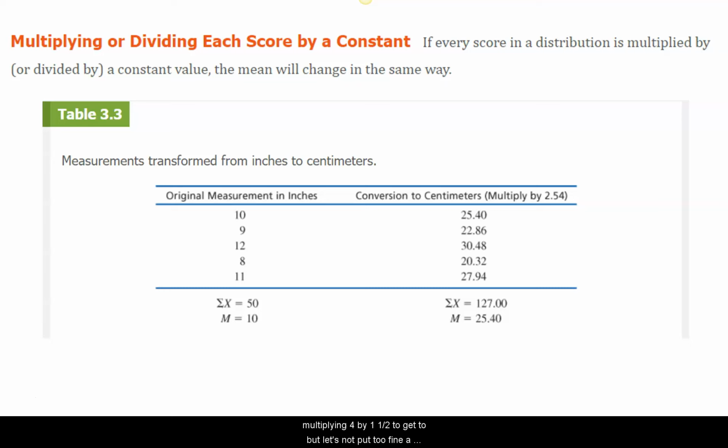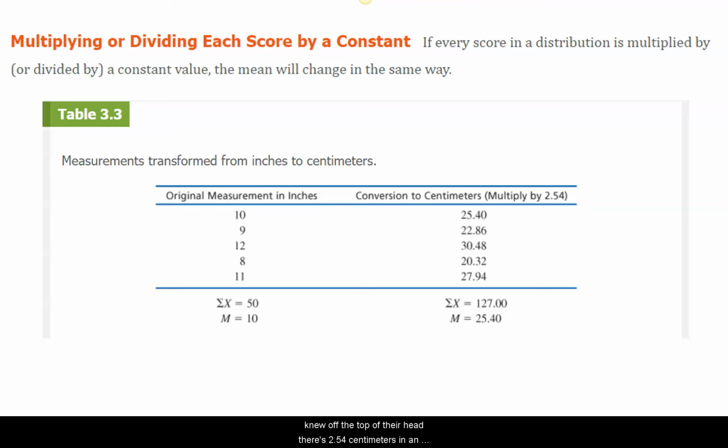So if I've got an original measurement in inches of 10 inches, 9, 12, 8, and 11, and I multiply that by 2.54 to get centimeters, I've taken my mean from 10 to 25.4 because I multiplied by 2.54. Of course I did.